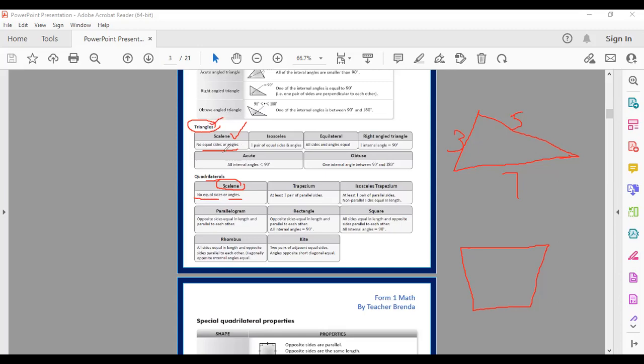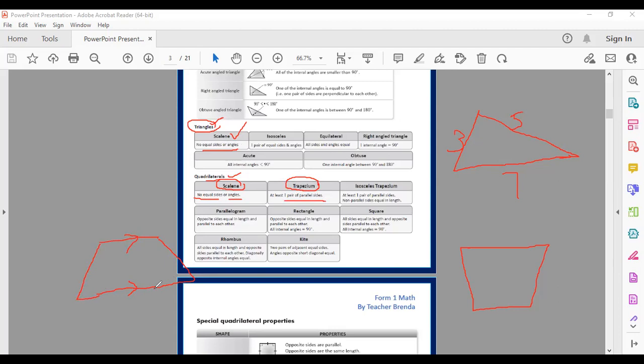It can be for a triangle, it can even be for a quadrilateral. But if I have a trapezium, that means I have one pair of parallel lines. That's why you learn parallel lines. With that knowledge of lines and angles, you can understand what shapes are. And that's what this topic is.